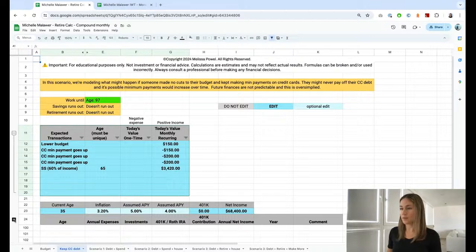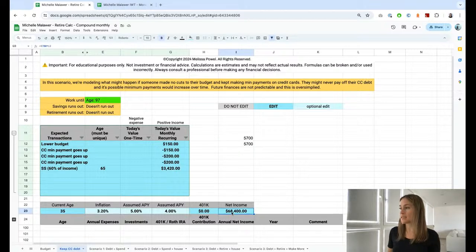So let's imagine that some person has 5,700 monthly net income and about 5,700 costs, and they don't change anything about their finances. They keep those two things the same.